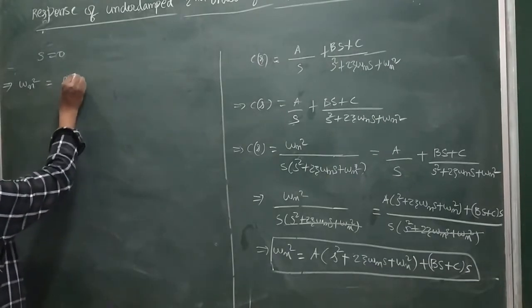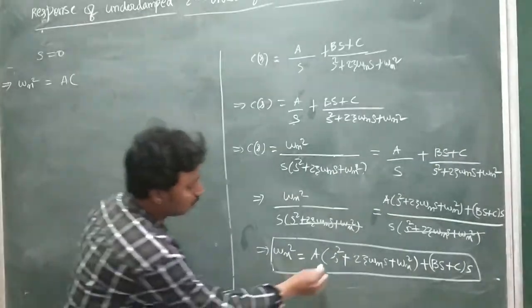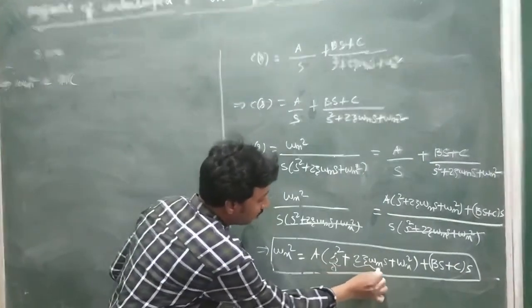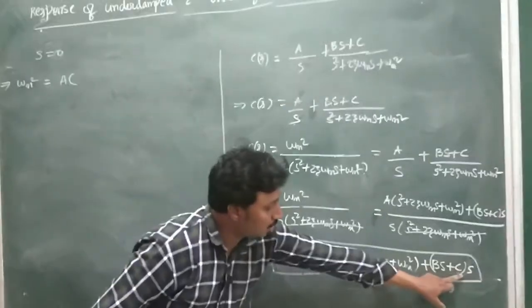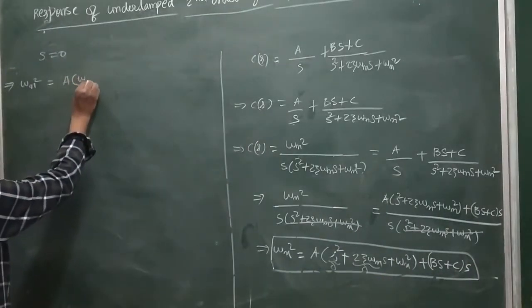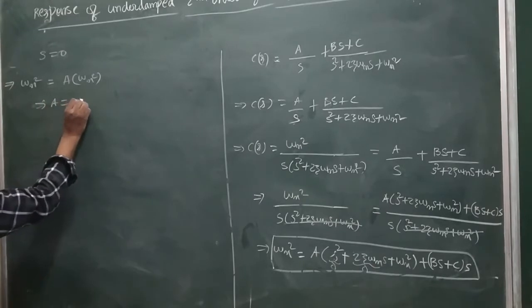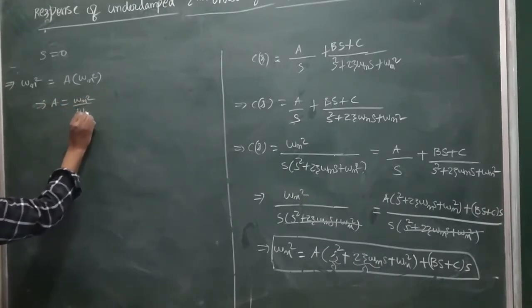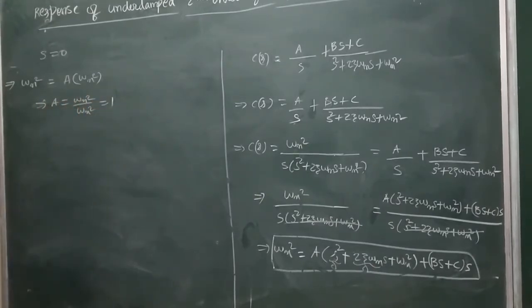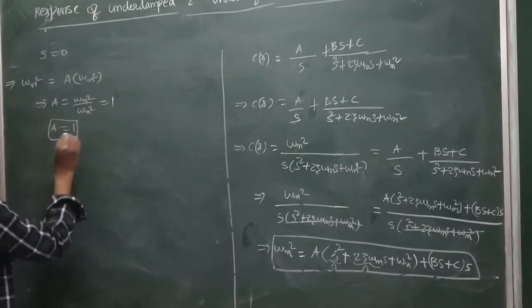A, with s equal to 0, this term becomes 0, and this term also becomes 0. Only A into omega n square is left. Therefore A is equal to omega n square by omega n square, which is equal to 1. So A is equal to 1.